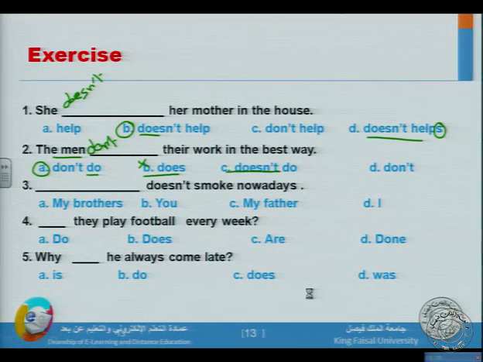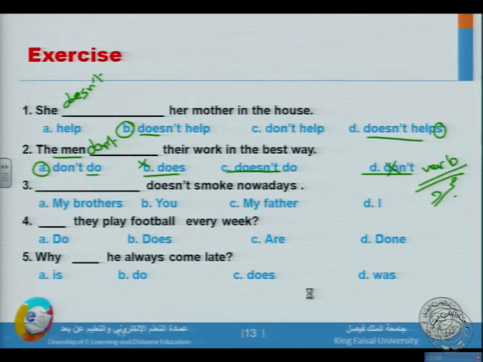Doesn't do أيضا doesn't تأتي مع singular subject. Don't إيش؟ لو حكينا the women or the men don't their work in the best way، هذا wrong sentence. لازم يكون بعد don't verb، وهذا الفيرب لازم يكون infinitive مجرد، ما عليه أي إضافات.